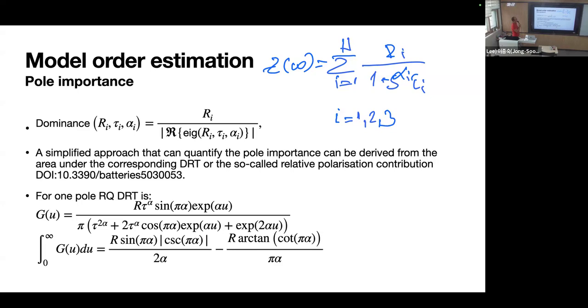It was developed for batteries first. Here is the reference if you would like to check, and it is a solution of this integral. And it gives us which time constants are the most important for the behavior of our system.